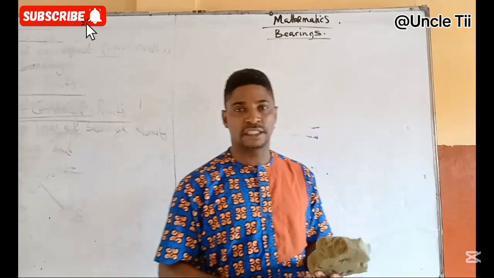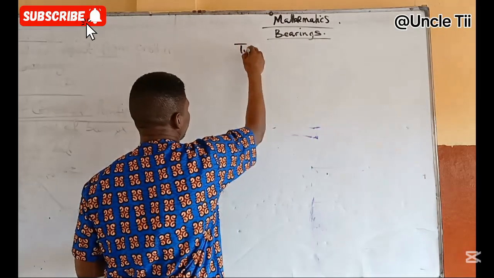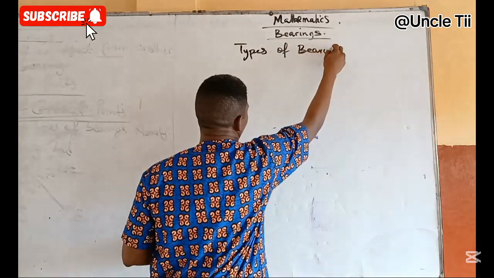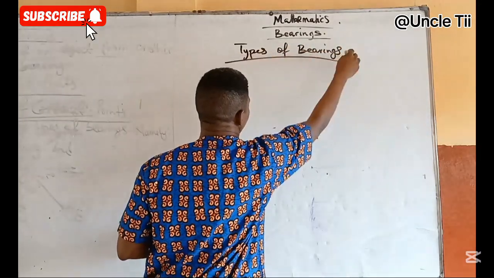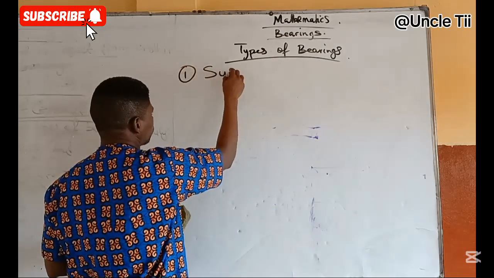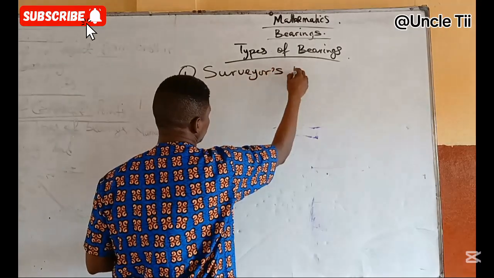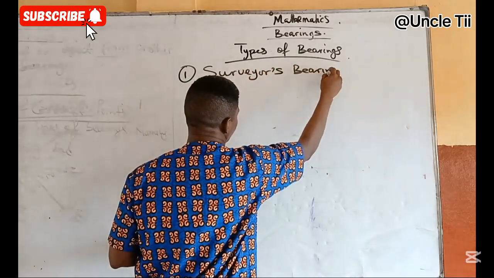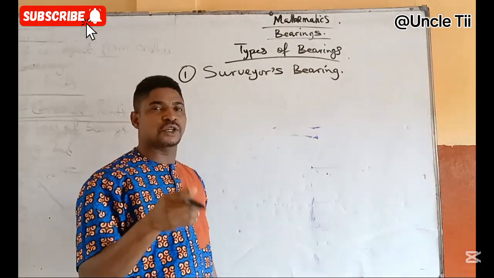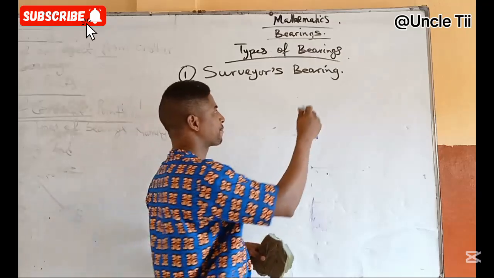The first one is the surveyor's bearing. The surveyor's bearing is also called the 3-digit bearing.